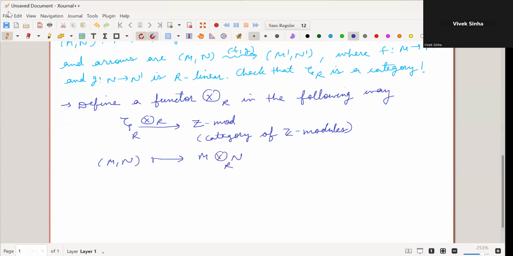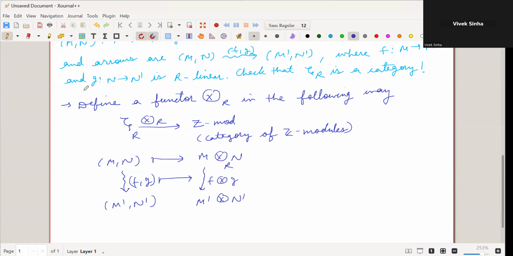So it's a Z module. One can see that it has some arrow F comma G from M comma N to M dash comma N dash. Then that arrow is mapped to the arrow F tensor G, which is nothing but sending an element m tensor n to F of m tensor G of n.